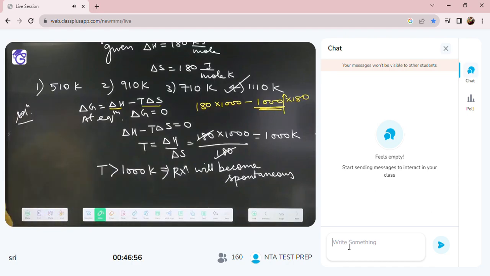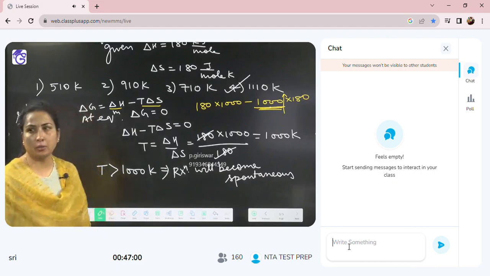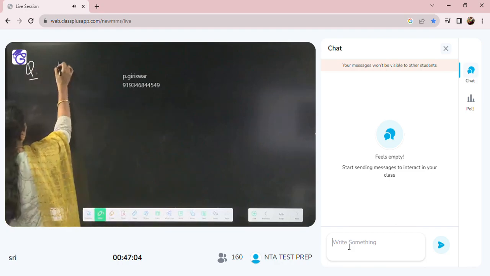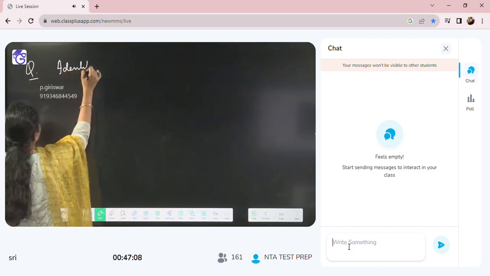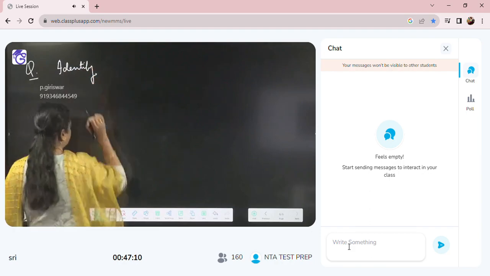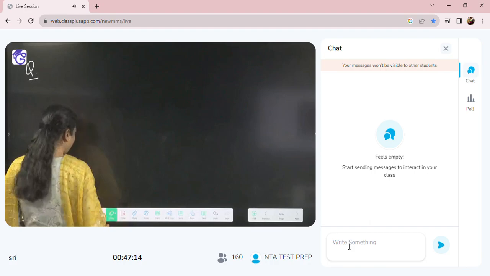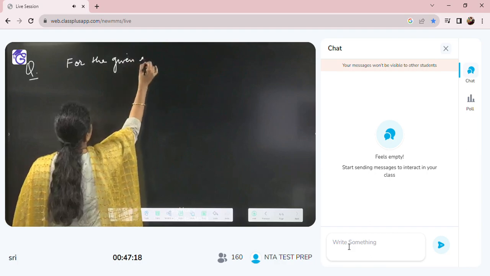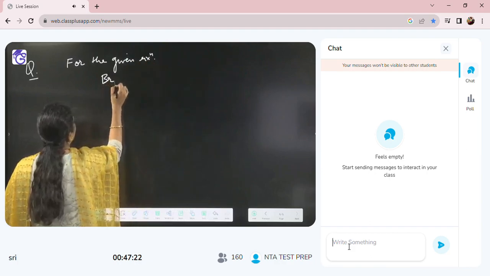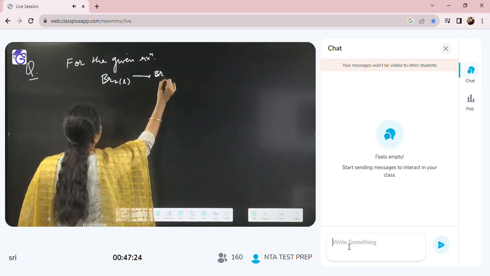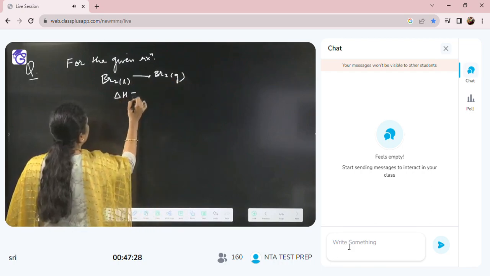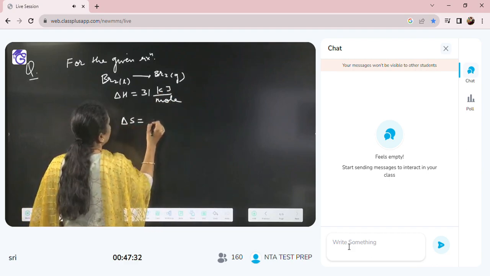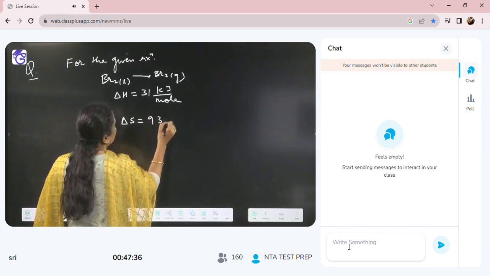Right, one more similar question I'll give you, but I'll add some other aspect to this question. Or else let us say I change the language of the question. For the given reaction or process, Br2 liquid getting converted into Br2 gas, delta H is 31 kilojoule per mole and delta S is, let us say, 93 joule per mole Kelvin.